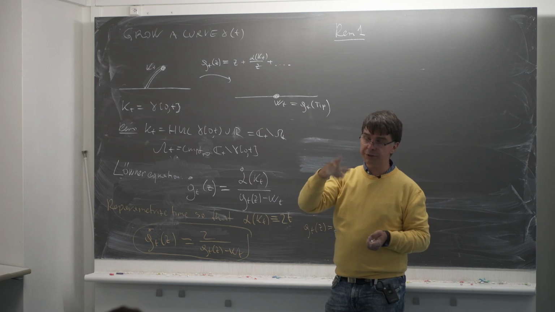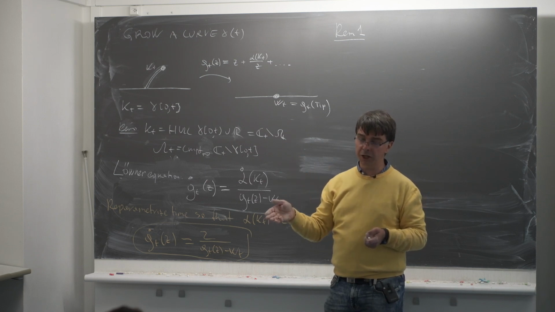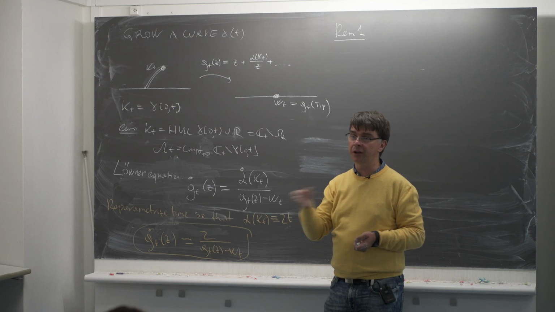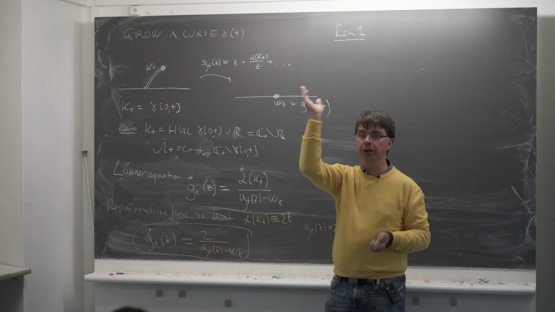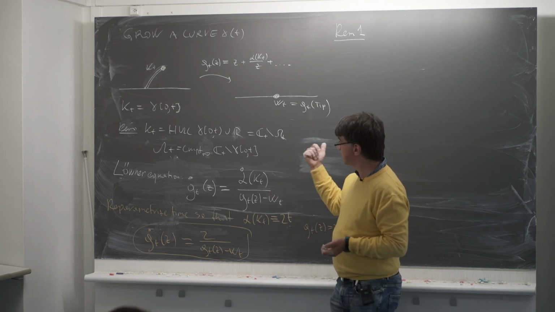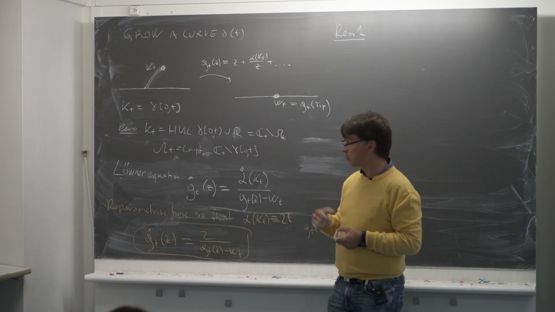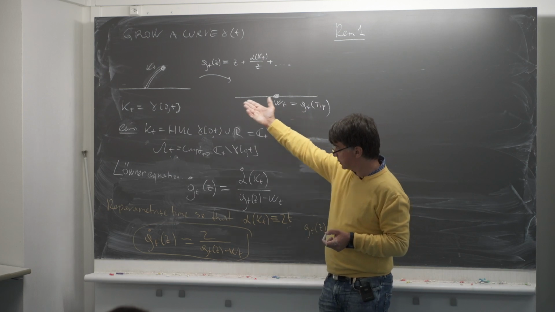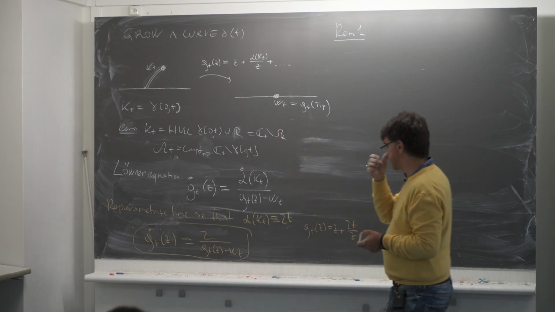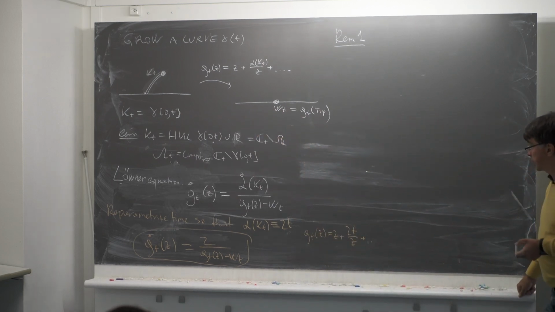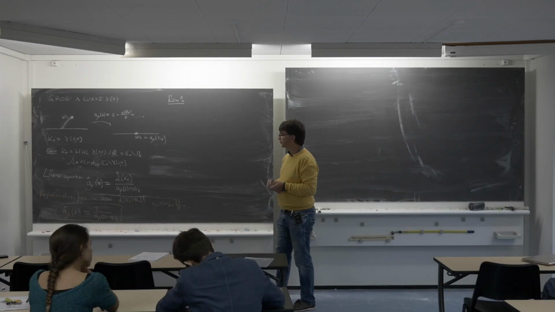If you want to draw something wiggly, you just take wt which goes like sine, left, right, and you get a trajectory like that. If you want something fractal, you need wt which is really fractal, like Brownian motion. Of course, if you plug in random wt, you get a random curve, and that is what we are coming to next week. So that's what Schramm did.